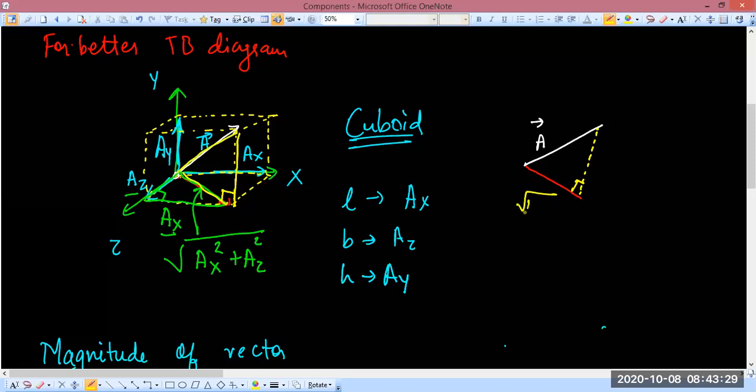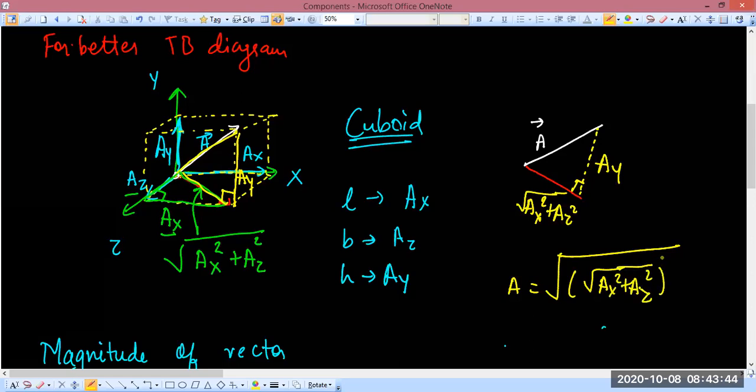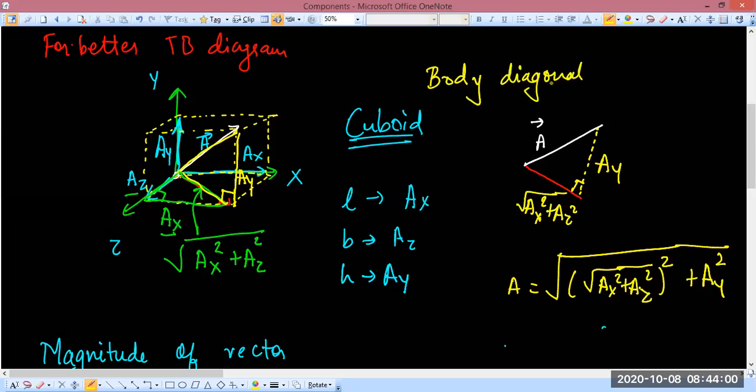So if you use the Pythagoras theorem for this one, the height is ay, I hope you all realize that. So by Pythagoras theorem you are going to have it like this. Some of you might know about this. There's something called the body diagonal. Body diagonal means top left corner of your room to bottom right corner of your room behind you.